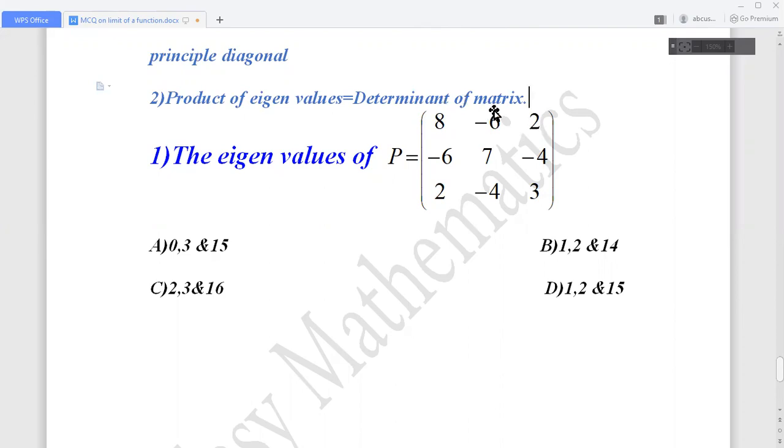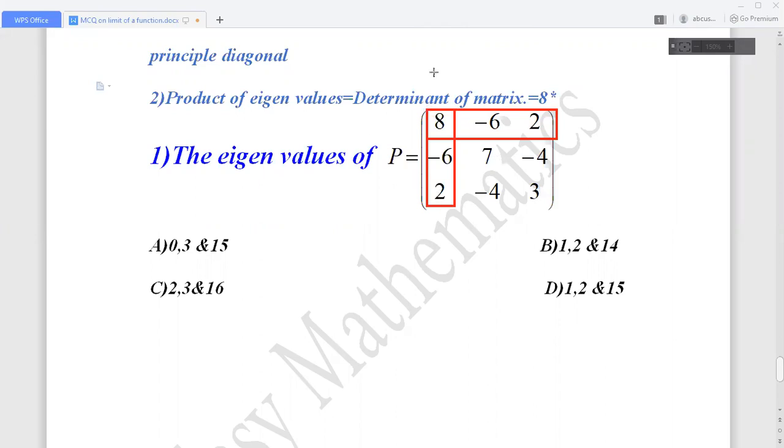Let me take the positive 8, positive 8 times the minor of this 8, which is very easy to calculate. First of all, we have to imagine the corresponding column and the corresponding row are deleted.